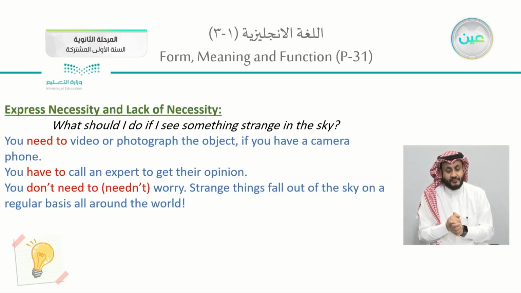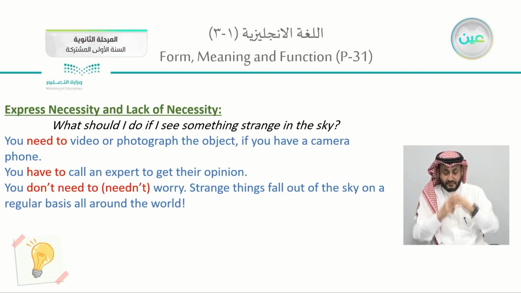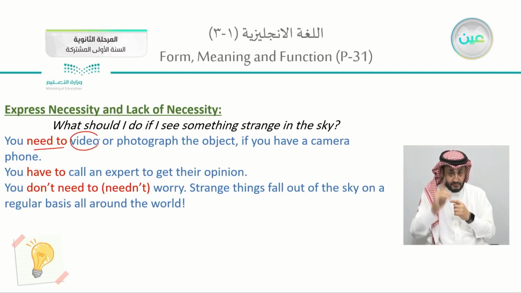Okay, in your books, page 31: what should I do if I see something strange in the sky? You need to video or photograph it if you have a camera or a phone. Notice we have used need to with the verbs video and photograph. You have to call an expert to get their opinion. Have to, and we have used call, the base form of the verb.